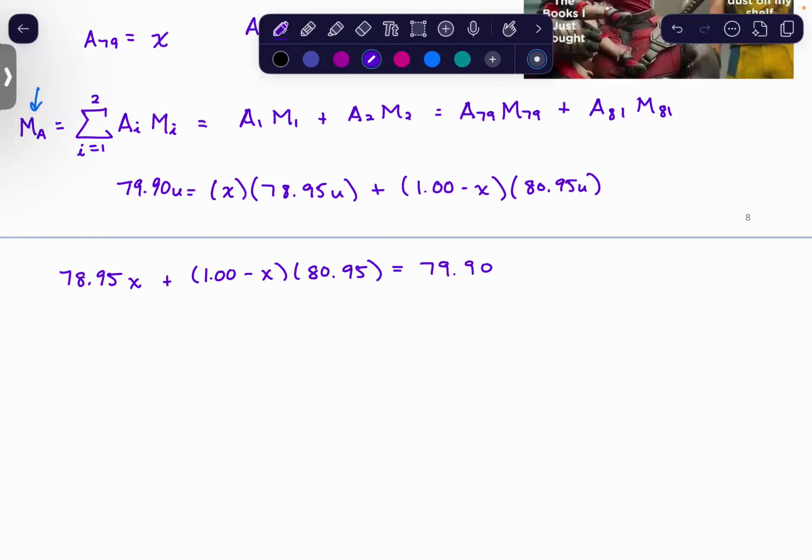Now I'm going to multiply the 80.95 through. That's going to give me 78.95X plus 80.95 minus 80.95X equals 79.90.